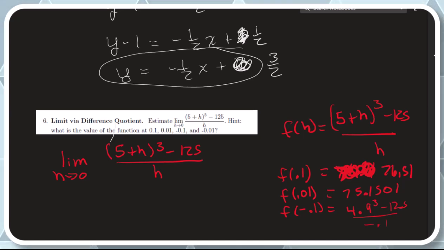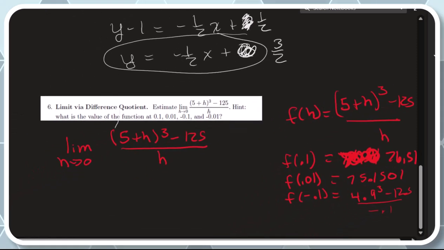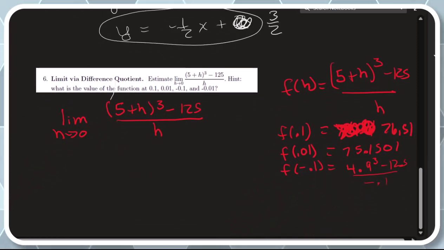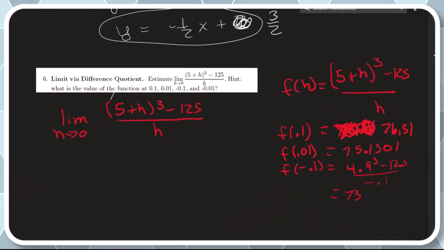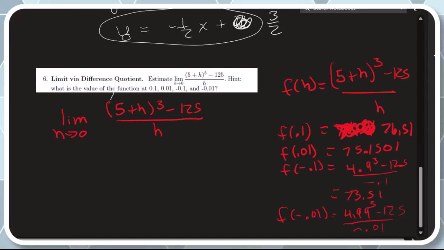No, I don't get that. I was like, why is it negative? It's not negative. It's 73.51. And if I take f of negative 0.01, that would be 4.99 cubed minus 125 over negative 0.01.